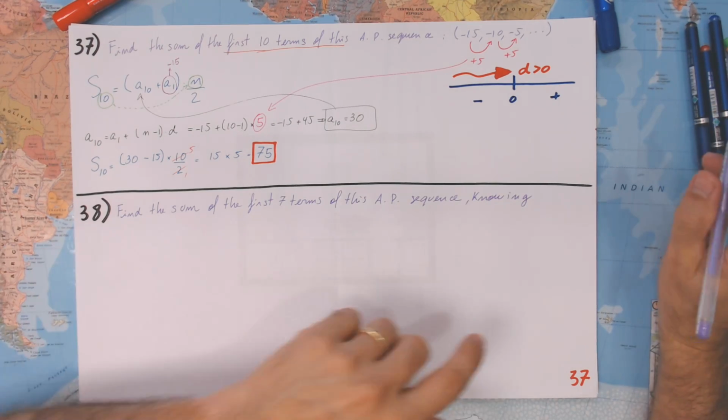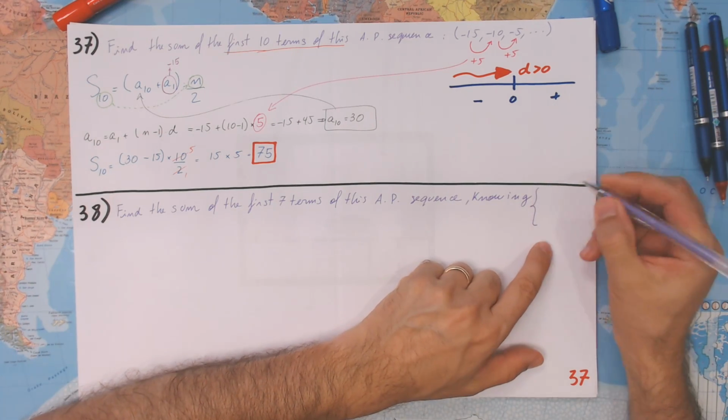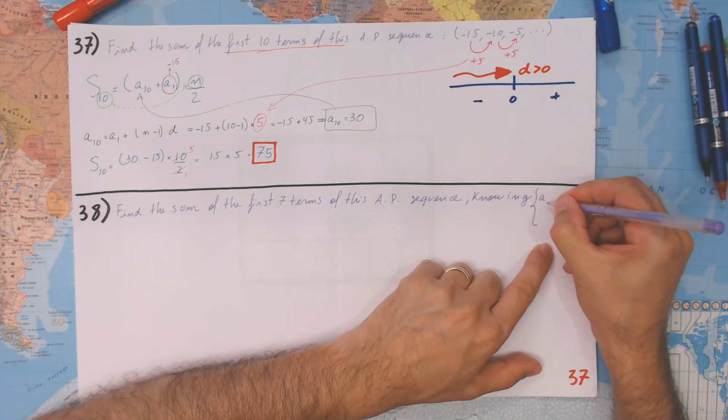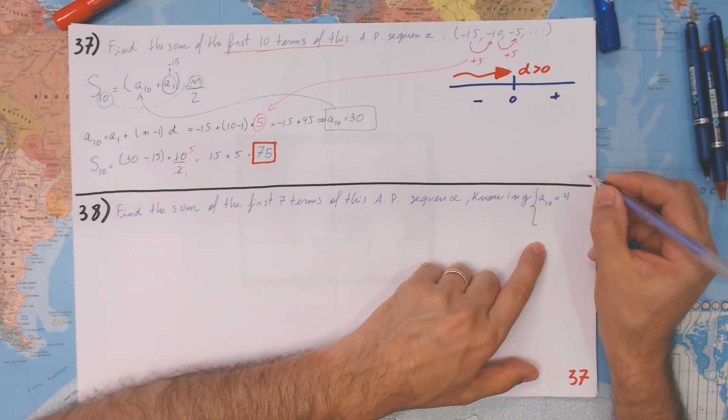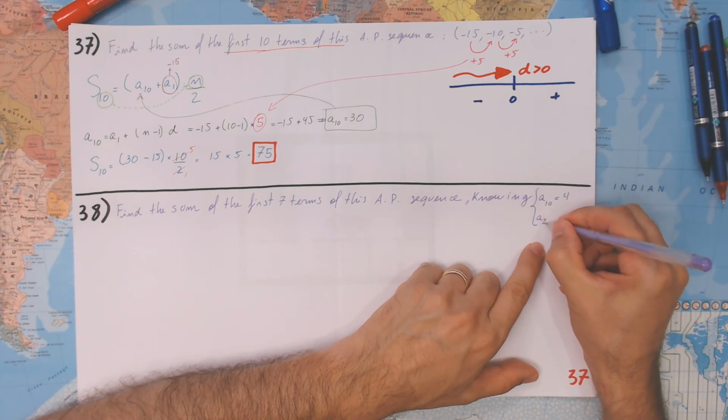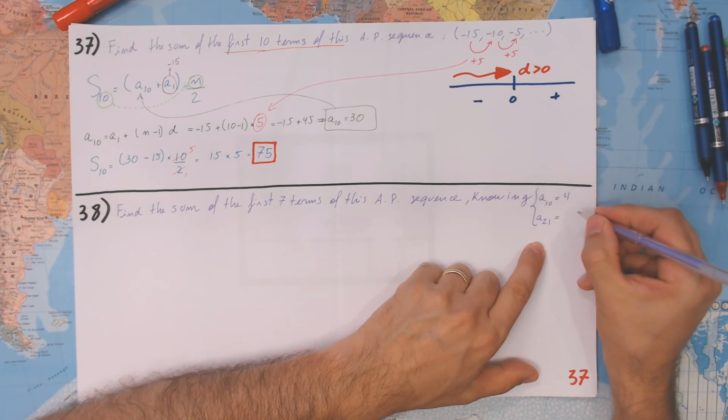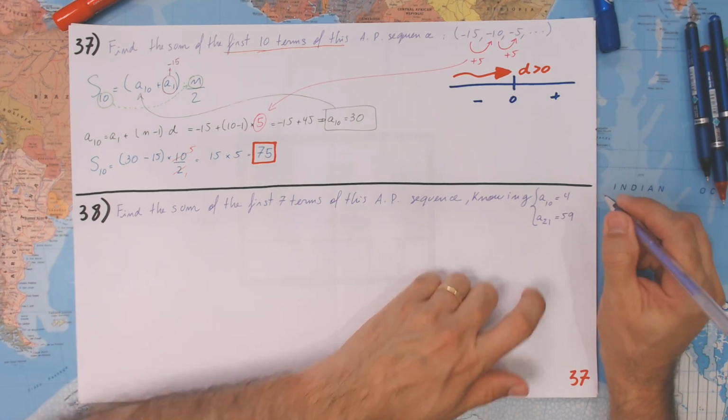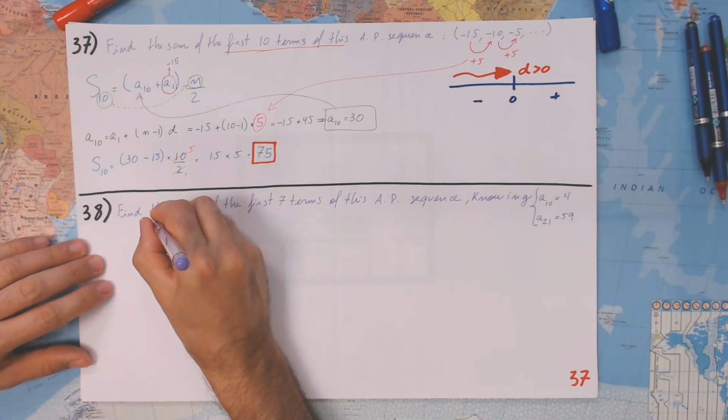So we know two things in here. Let's put it this way, we know A10 equals 4, and we also know that A21 is 59. And I just want to know the sum.